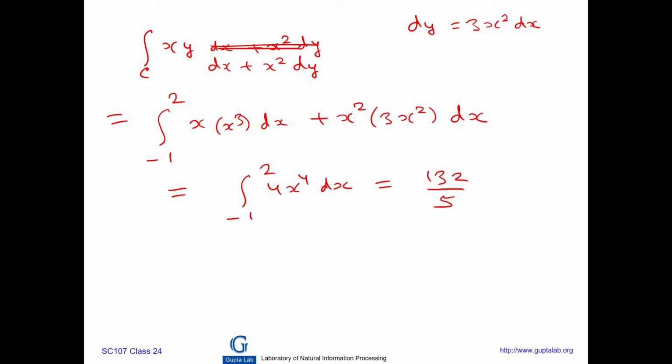Once we substitute y equals x cube, dy is there, and now everything is to be integrated along x, with x varying from -1 to 2. Just substitute and simplify. Fairly straightforward. Okay, so now let us do another example.